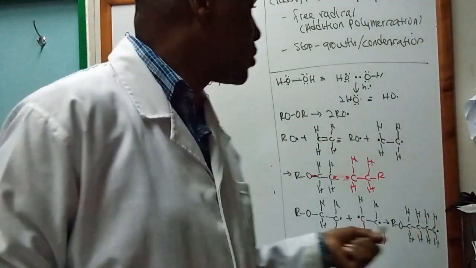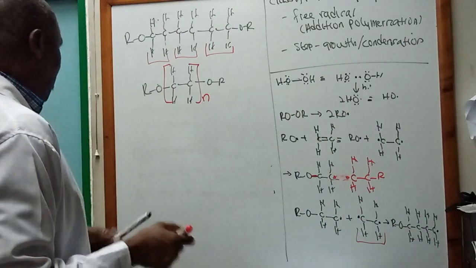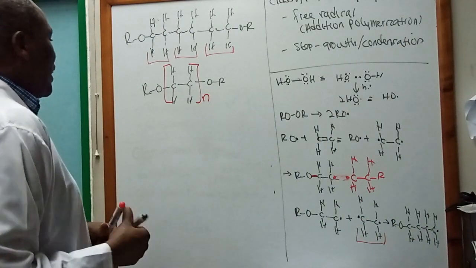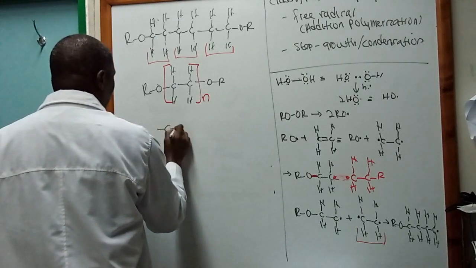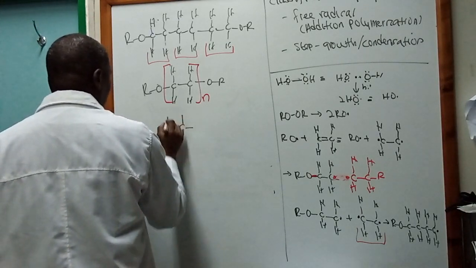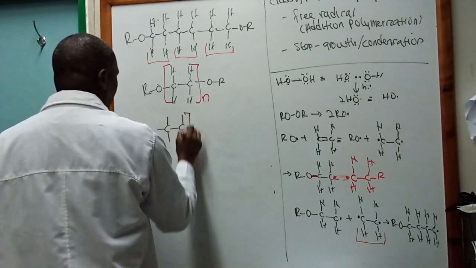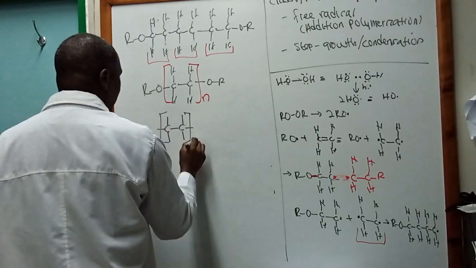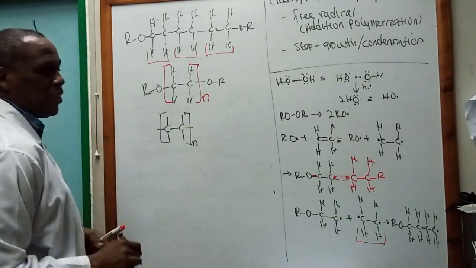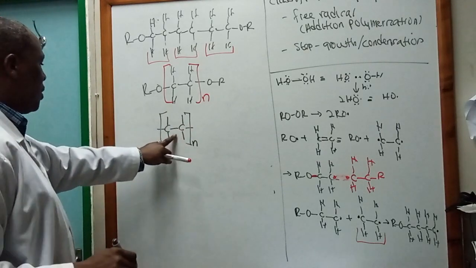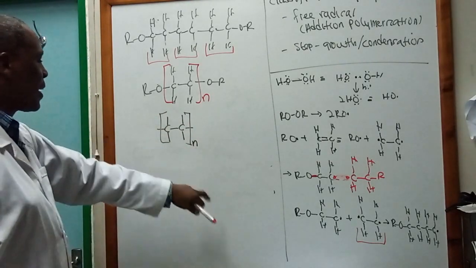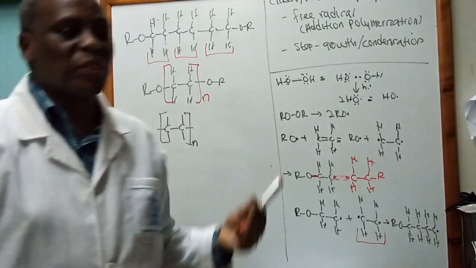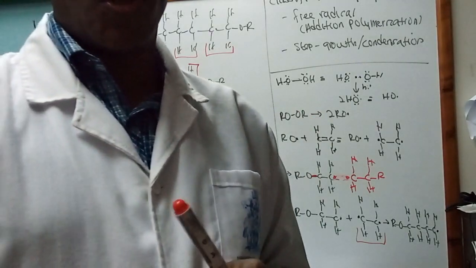So scientists have found a way of just representing your polymer by the repeating unit. Are you seeing that? So from this repeating unit, which is put in the bracket and then you put an N, it represents the general repeating unit of the polymer.